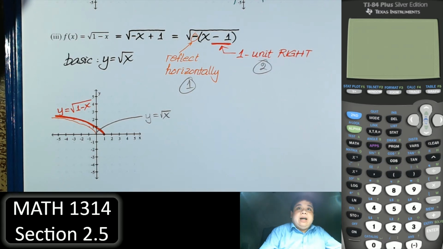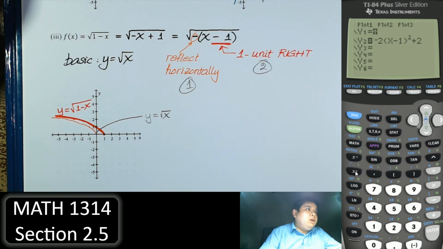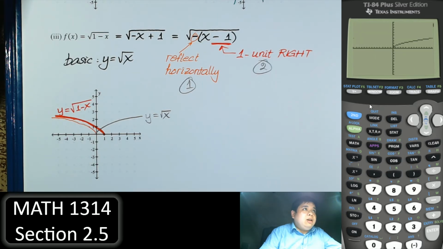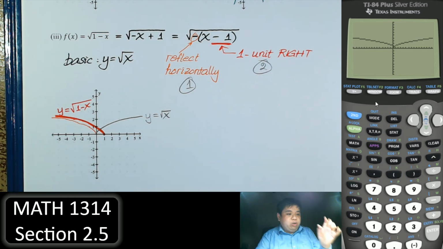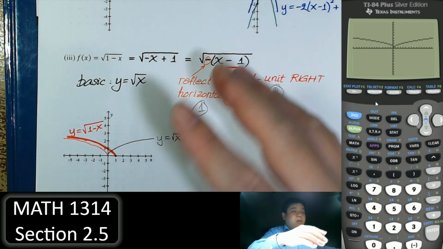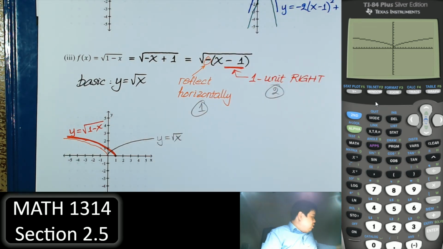Right, just graph, see if it works. Square root of x, square root of 1 minus x. So I have square root of x, and then flip it and move one unit to the right. Right, so that is the combination of transformations here.